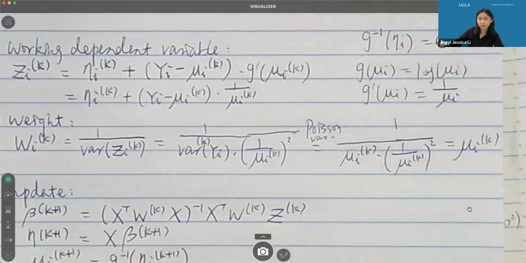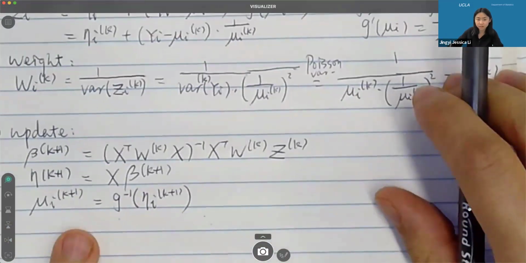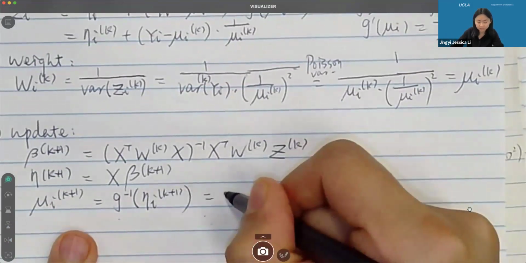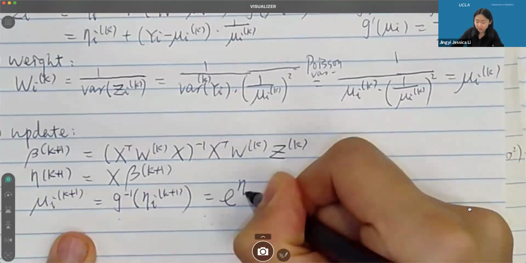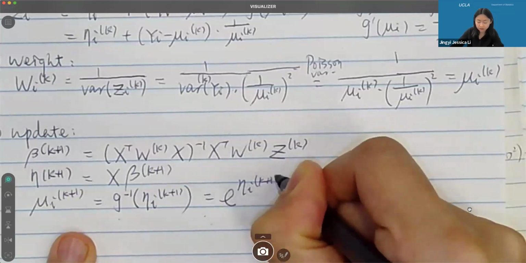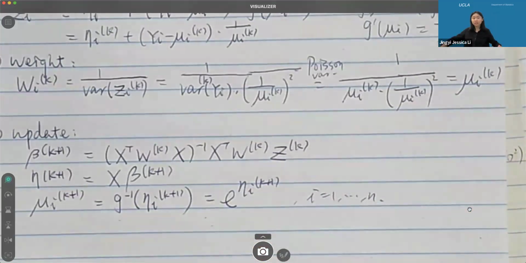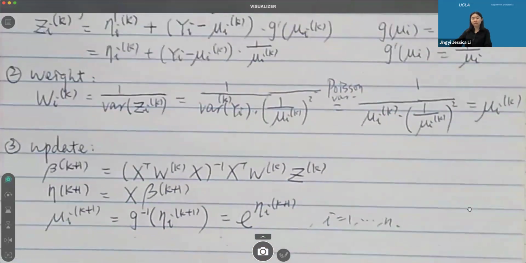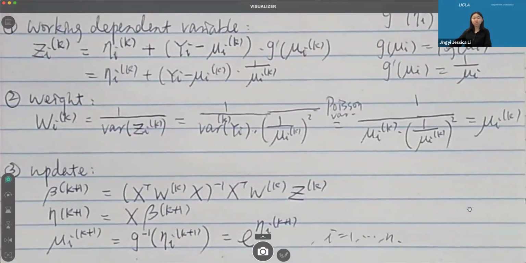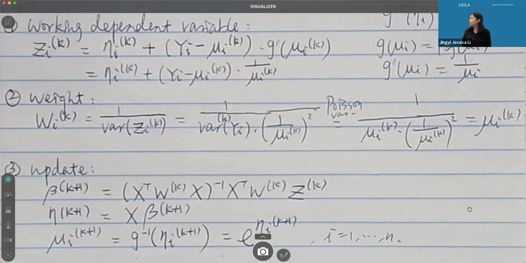We take the inverse of log, that's the exponential function. Then here mu_i(k+1) is exponential of eta_i(k+1), and here i goes from 1 to n. That's it. So for Poisson, the whole IRLS procedure is actually a little bit simpler than for logistic regression. The reason is because the link function is just log. Okay, so that's how we review this IRLS again.